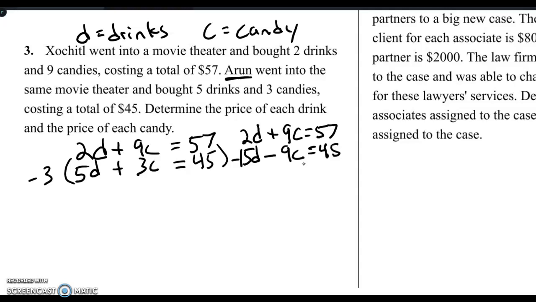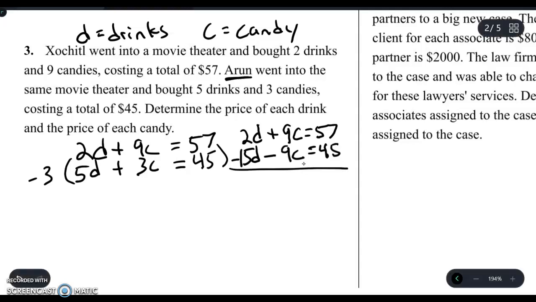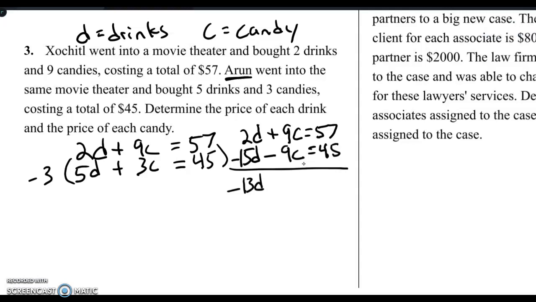Now I'm going to add vertically and get the stuff that can cancel out to cancel out. So 15 and 2 is going to be -13D. Different signs, find the difference. The C's cancel out here, and it leaves me with negative, oh, I messed this up right here.